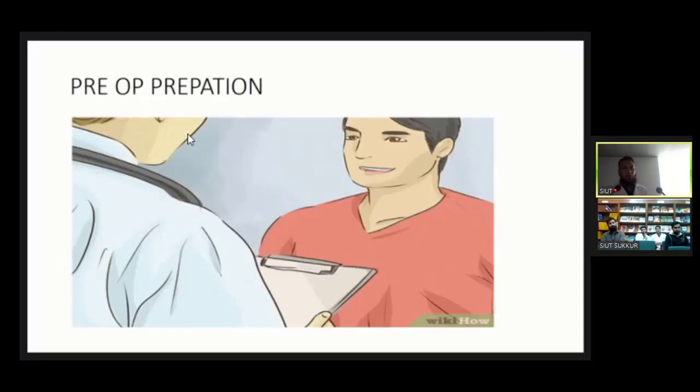So, pre-operative preparation: after the decision of radical cystectomy, we go through this procedure very well to prepare our patient pre-operatively. After taking consent, we take a detailed history of our patient, a general physical examination, and then basic labs. After this, to prepare the patient for the procedure, we arrange blood.